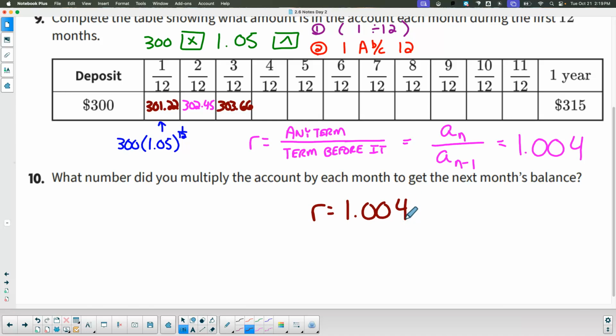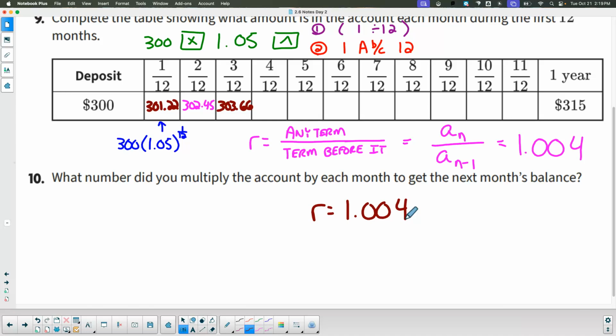Does anybody know a way to come up with 1.004 using 1.05? It is written right on the board. This board. No, that doesn't use 1.05.